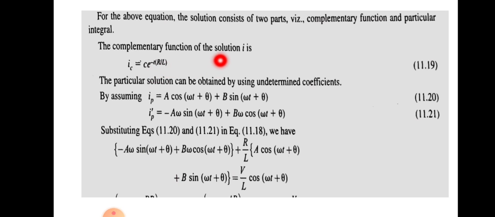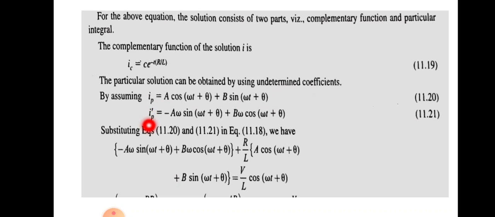This is one part of the solution for I, and there is another part, the particular solution, that we have to find. The particular solution can be written as IP equal to A cos(ωt + θ) plus B sin(ωt + θ). For the analysis we need the first derivative of this IP.